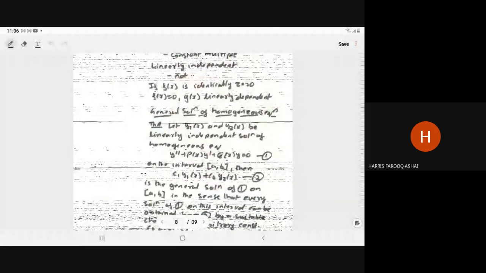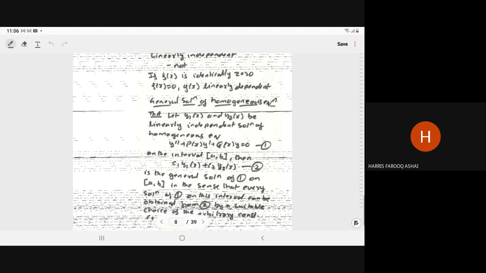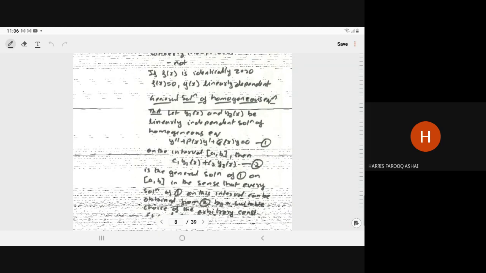Theorem 15 states that let y1 and y2 be linearly independent solutions of the homogeneous equation y double dash plus px y dash plus qx y is equal to 0 on the interval ab.